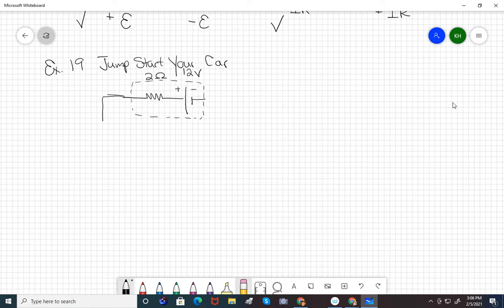When it's used to jump start, it's connected through some resistors to the dead or the weak battery. In this case, here's our other battery, minus, plus.